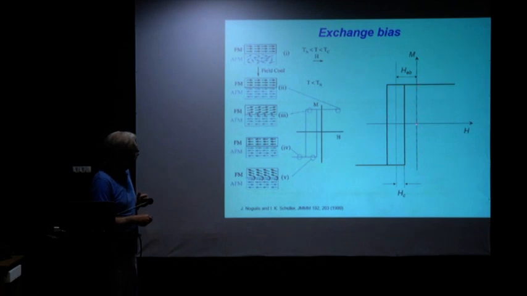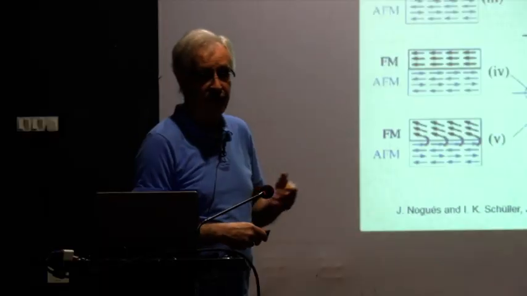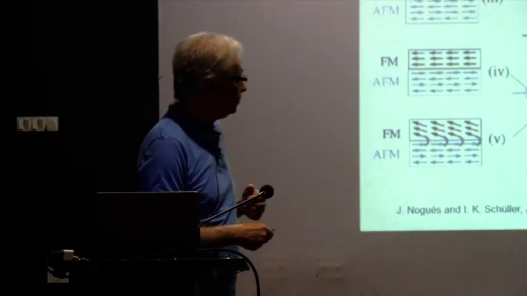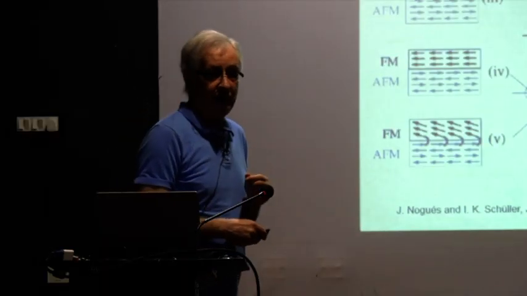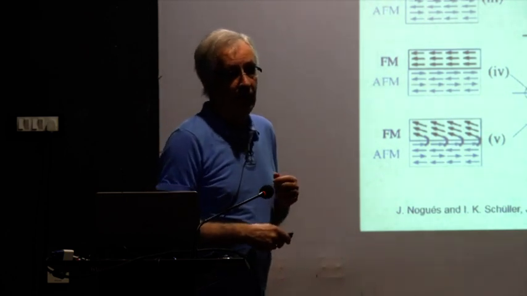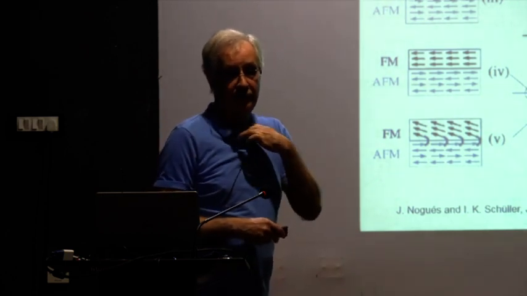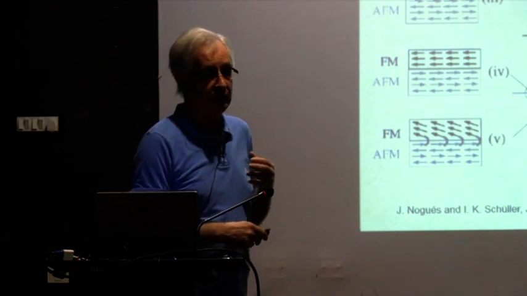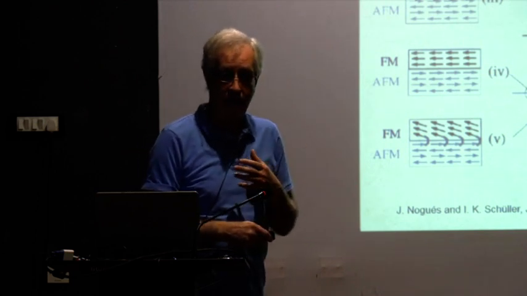The shift of the hysteresis loop from the origin is called the exchange bias field. So this we find when we have mixed ferromagnetic and anti-ferromagnetic interactions.